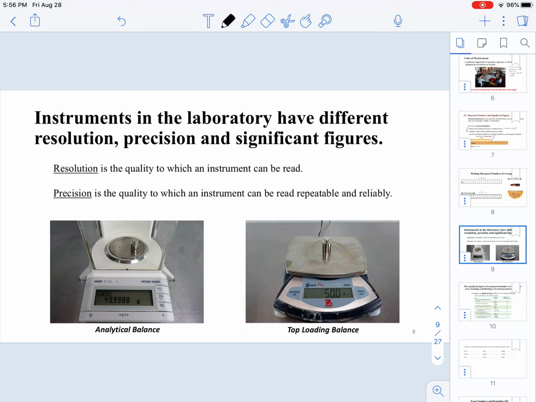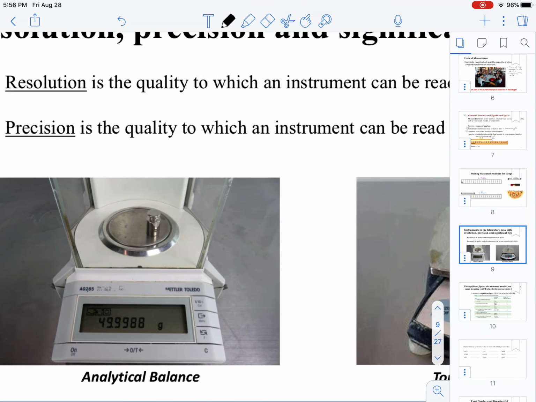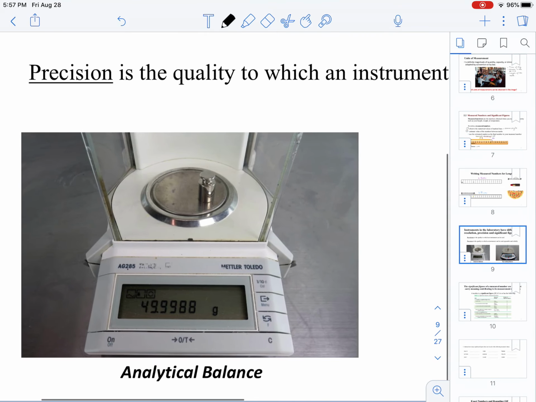So here we have two common instruments that we utilize in the laboratory in order to measure mass. They are measuring the mass of the same object. And in this case, that object is going to be that silver standard that I'm going to be highlighting in orange. So this that I just highlighted in orange to make it more visible.